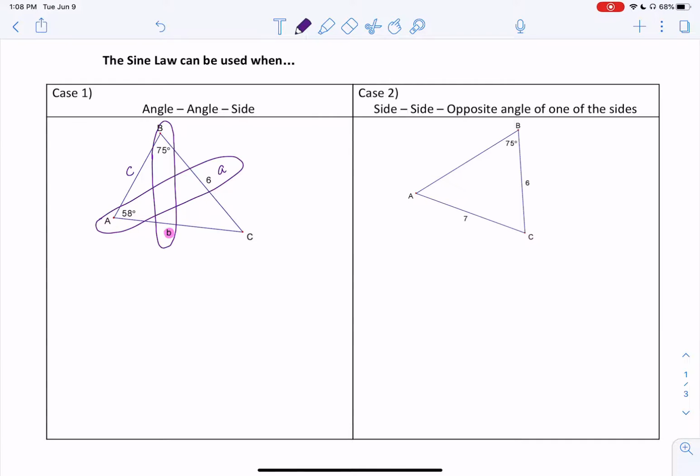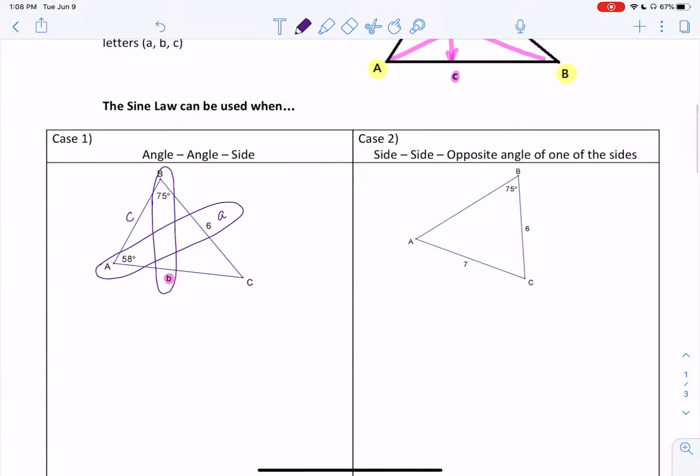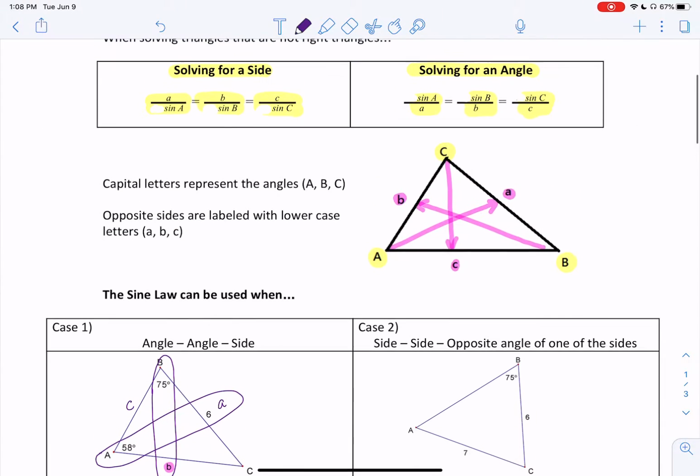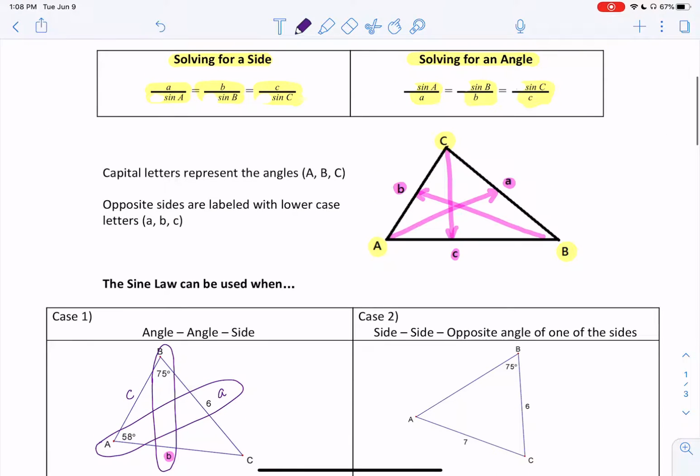So this is how we use the equation. First of all, I'm looking for a side. I'm looking for the length of little b, so I'm going to be using this one here. Now, because I've circled the b's and I've circled the a's, I'm only going to use this part. Sine law is basically a few equations in one, and we only need to use the part with the letters that we're looking for.